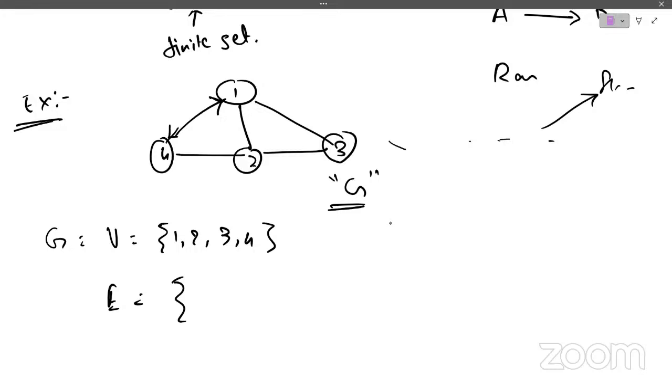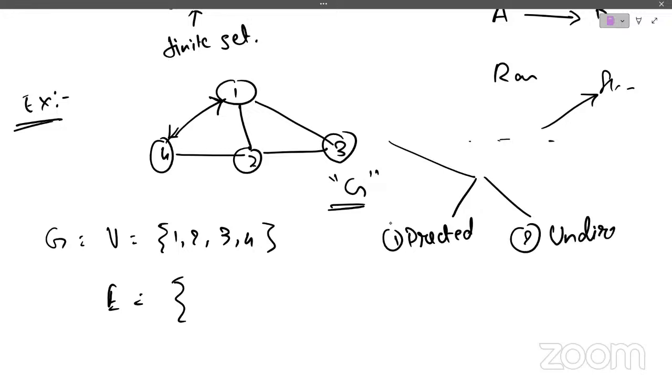So we divide graphs into two categories. The first is the directed graph, in which each edge has a direction, and the second is the undirected graph, in which we don't have any direction.